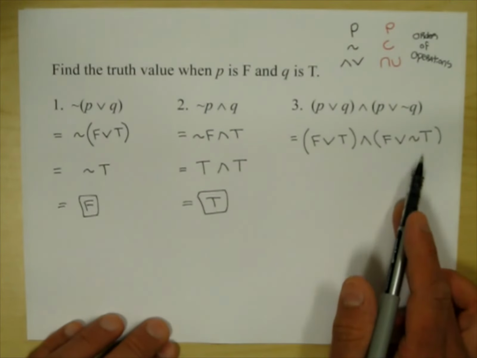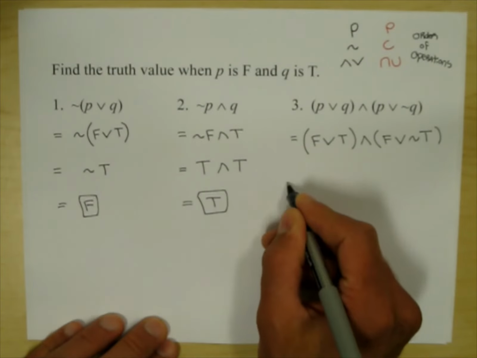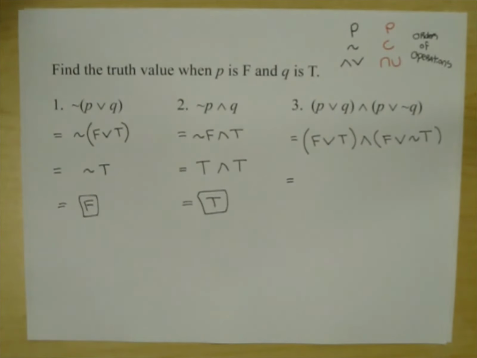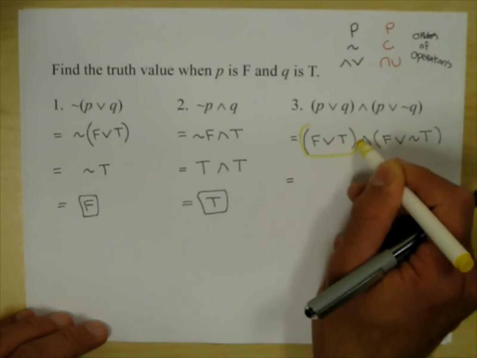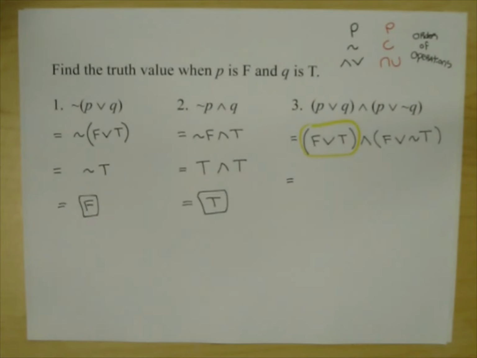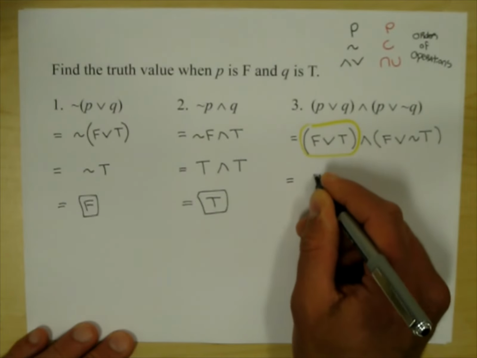Okay, parentheses. So I could be working inside these parentheses independently. The first set of parentheses, let's go ahead. I think I will color code this one. It's a little bit more complicated. Is a false or true. False or true equals true.